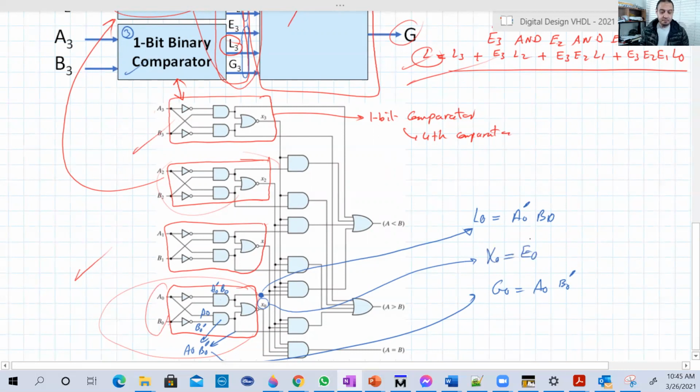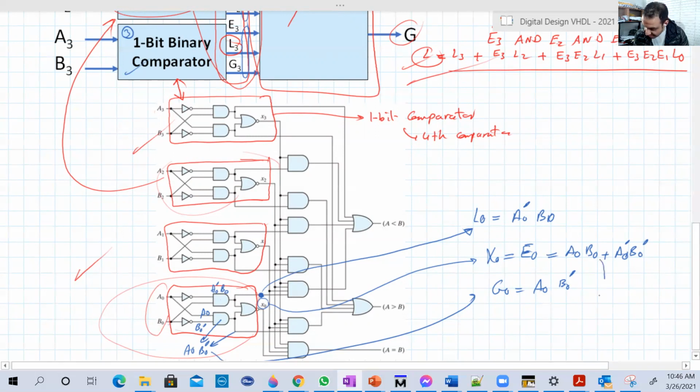I prefer E. So we know that E0 should be A0 B0 plus A0 bar B0 bar. This is what we get from our last design, from our last recording. Although it's different in here.